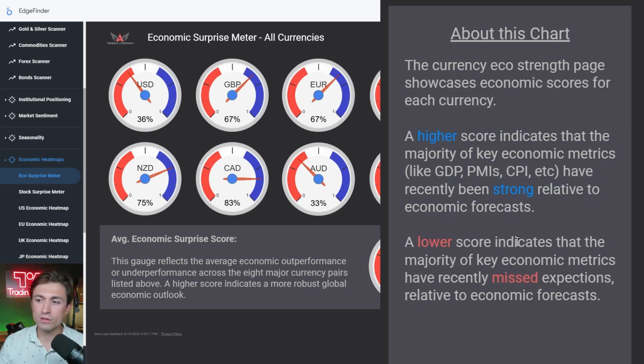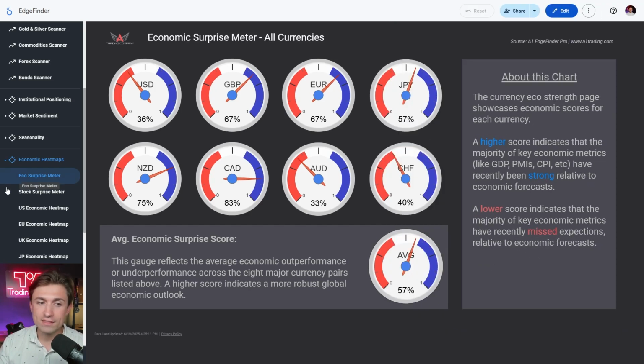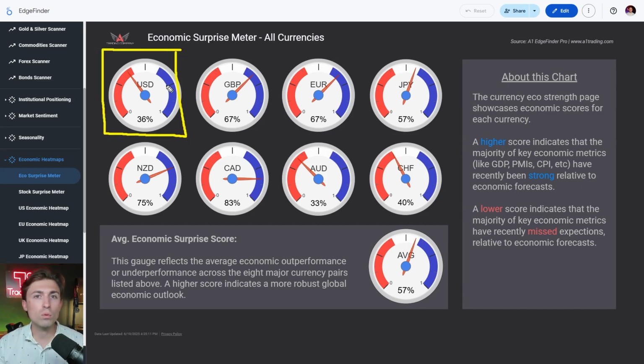A lower score indicates that the majority of key economic metrics have recently been missing their expectations relative to the economic forecasts. This helps us to build a full view as to whether or not a particular currency could potentially be strong or weak based on the recent economic data that has come out.